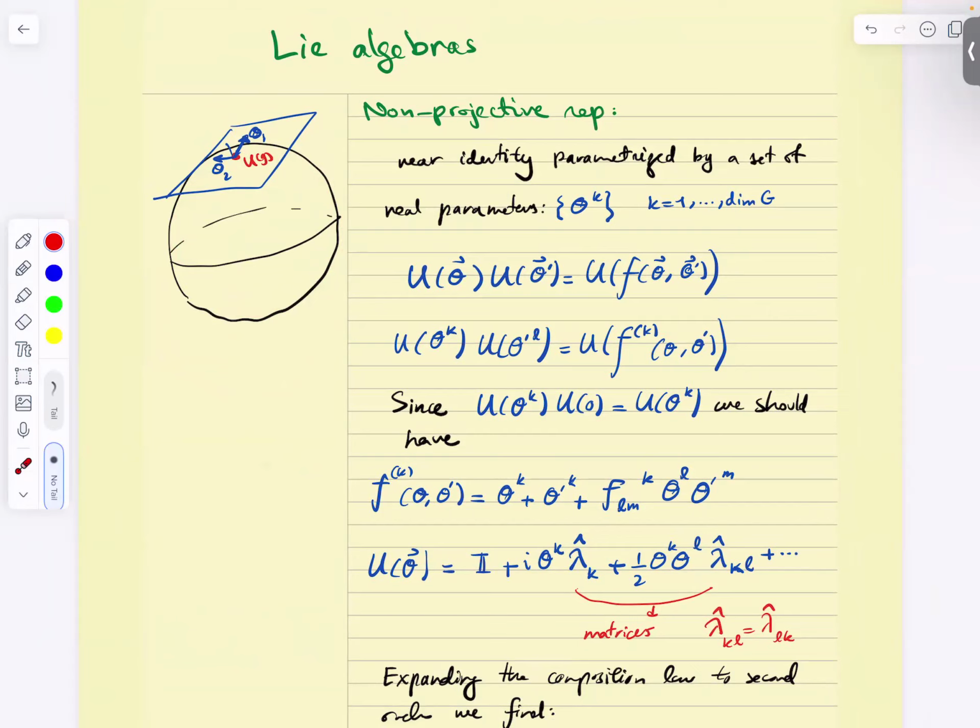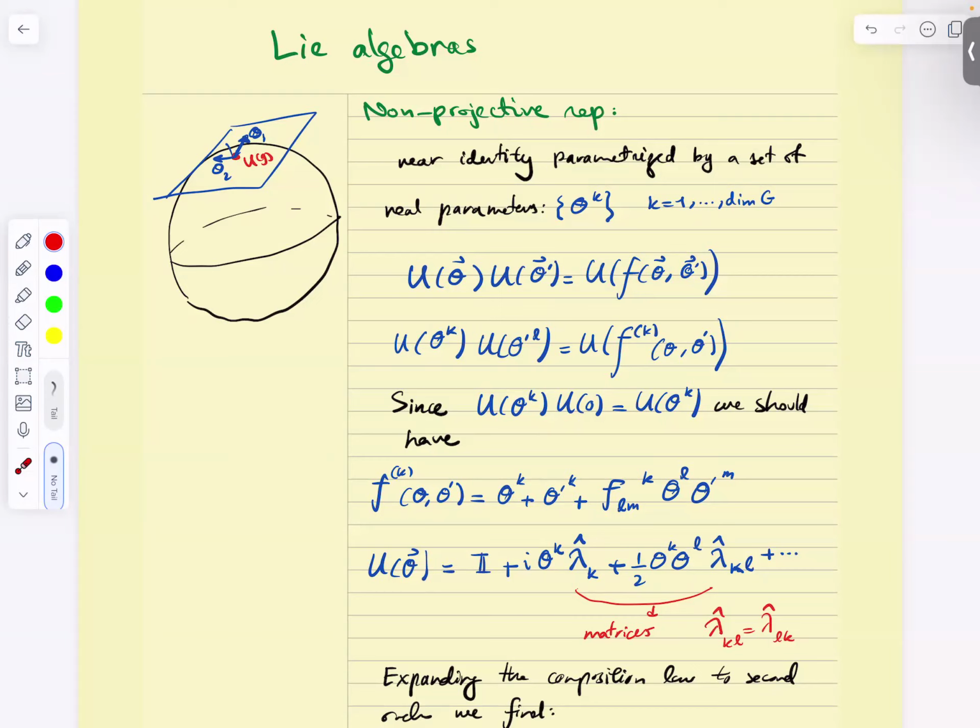This is a sphere topologically, and at each point you have a tangent space. The number of linearly independent generators of the tangent space is the dimension of the group, otherwise known as the dimension of the manifold, so we're going to write it as dim G.